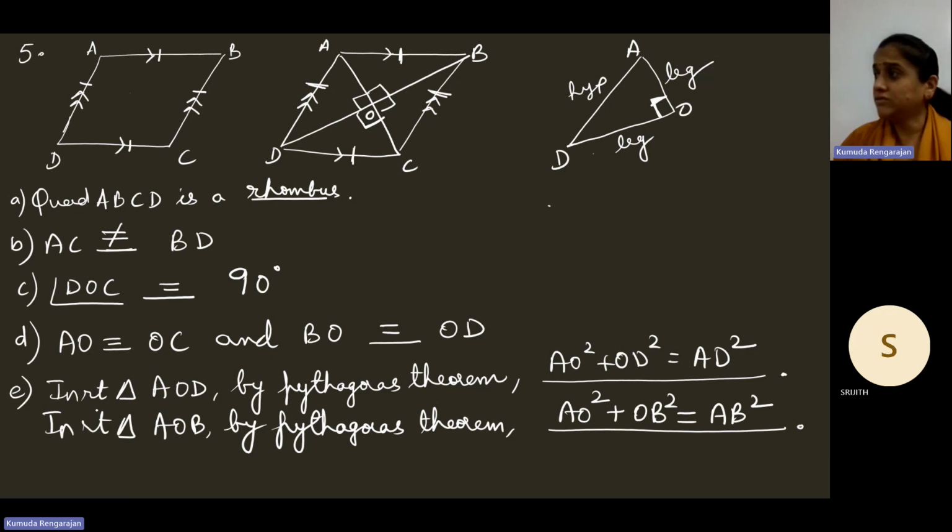Yes, Anirudh. Here AO is equal to OC and diagonals are unequal. AC is not equal to BD. Got it.